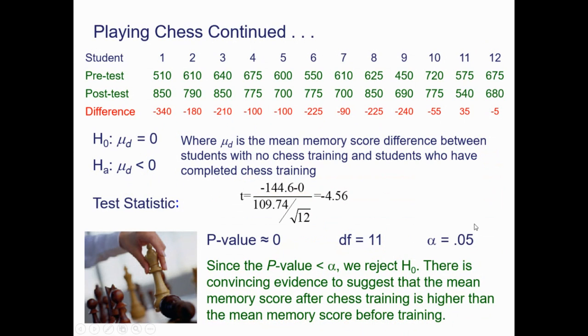Since p-value is less than alpha, we reject H naught. So there is convincing evidence to suggest that the mean memory score after chess training is higher than the mean memory score before training.